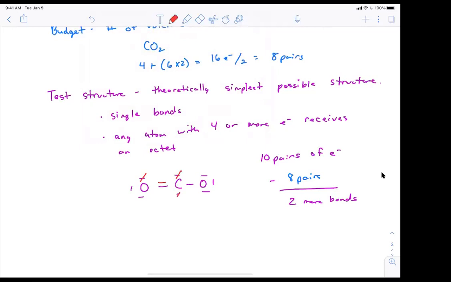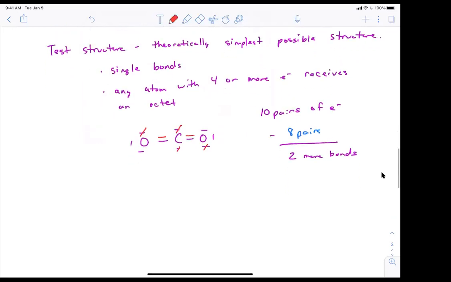And every time you get rid of these lone pairs, you can add a bond here, which then makes your structure this. And that checks out with your 8 pairs available.